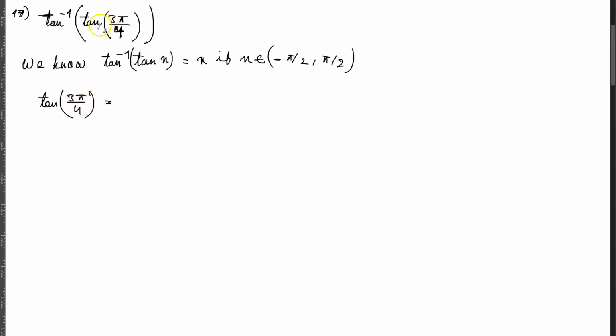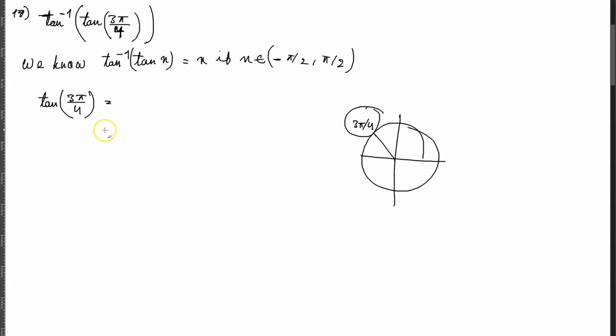So this is 3 pi by 4, meaning that 3 pi by 4 is some angle over here. If I choose pi minus some angle, for example, it's going to give me some angle in the first quadrant. I think we can do that.